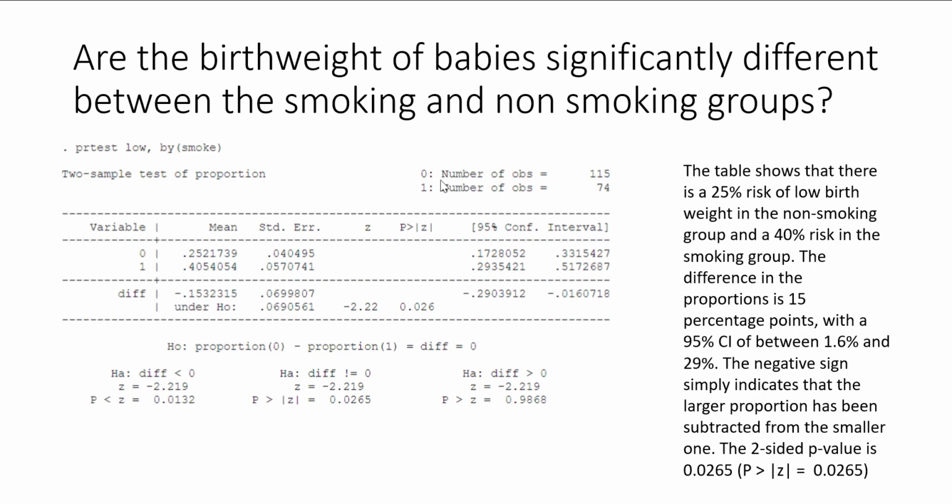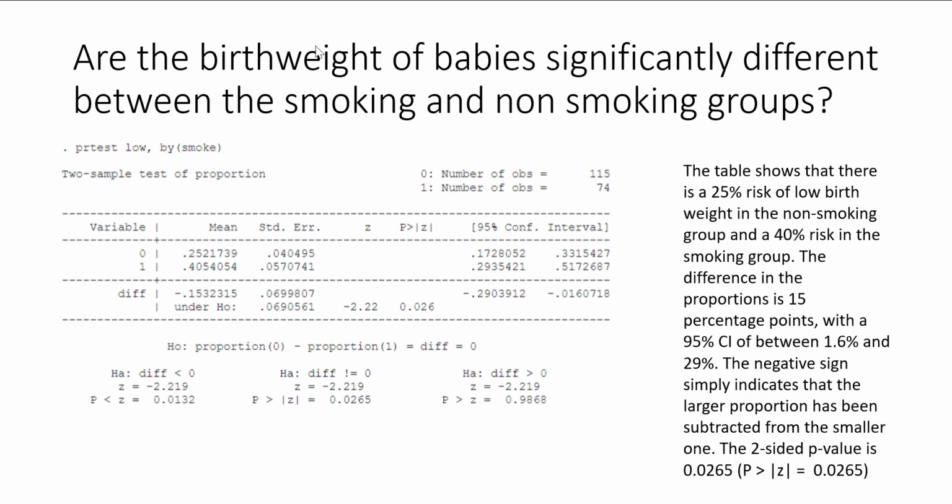Okay. So here, you have number of observations. Those that didn't smoke is 115. Those that smoked is 74. All right. So now the average. Another rule is that the numbers you are seeing inside here normally refer to the outcome variable.